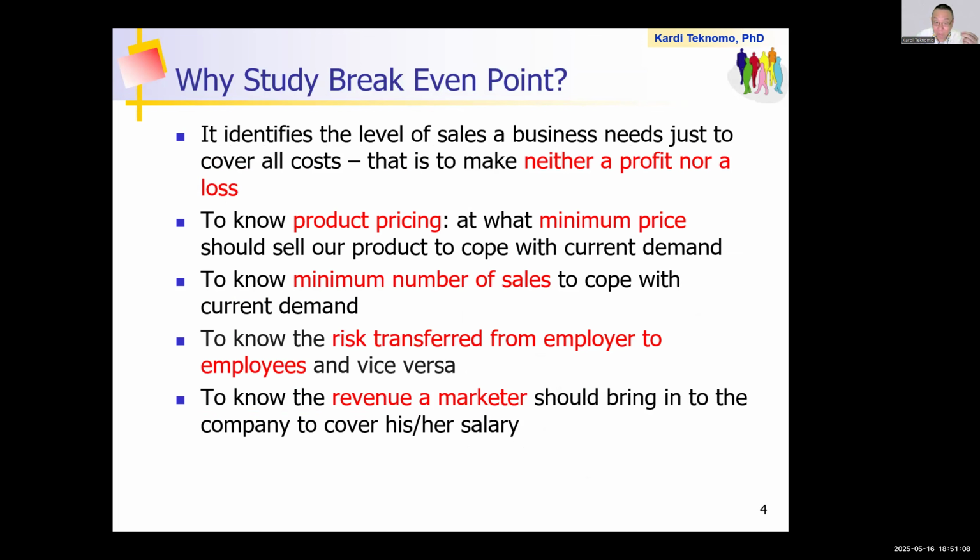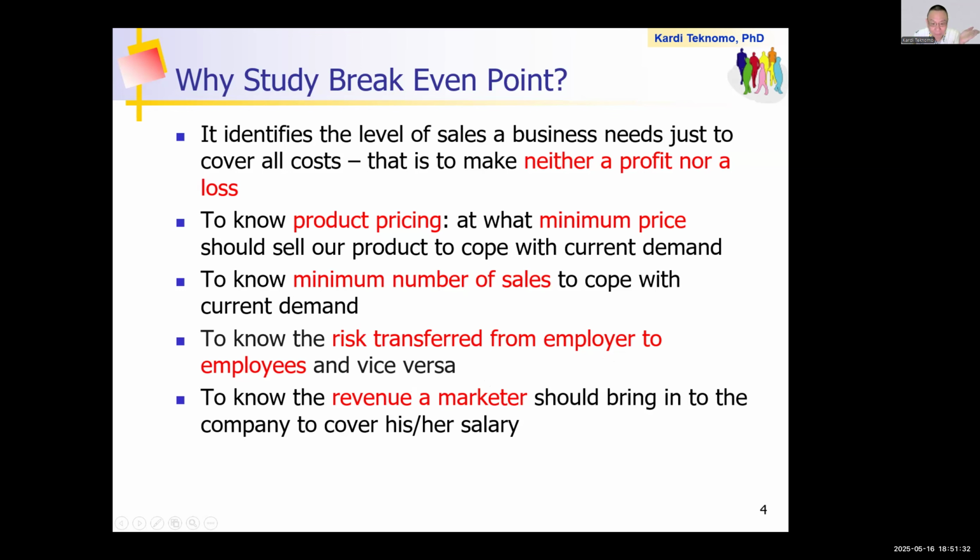And you also know what is the minimum number of sales to cope with the current demand. And later, we can also think in terms of the actual risk transfer from employer to employees and vice versa. This is kind of probability.